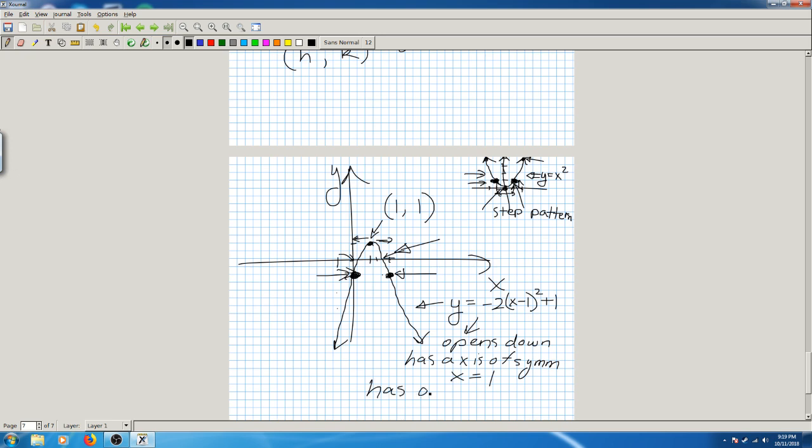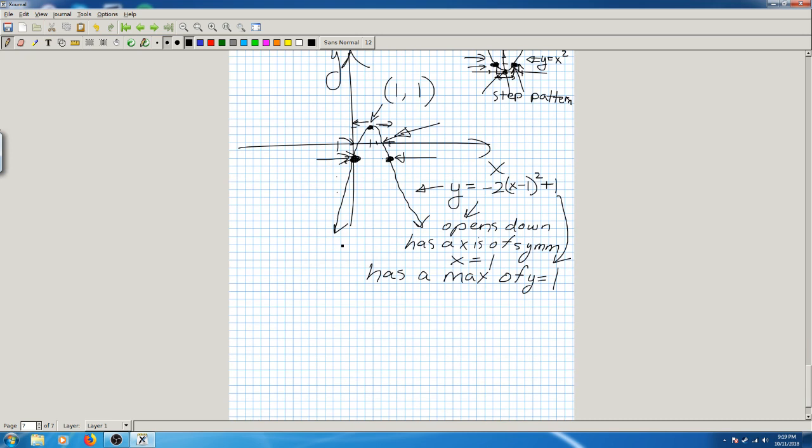has a maximum, I almost said minimum, has a max of y equal 1, which is the y coordinate of the vertex. What else can I say about this curve?